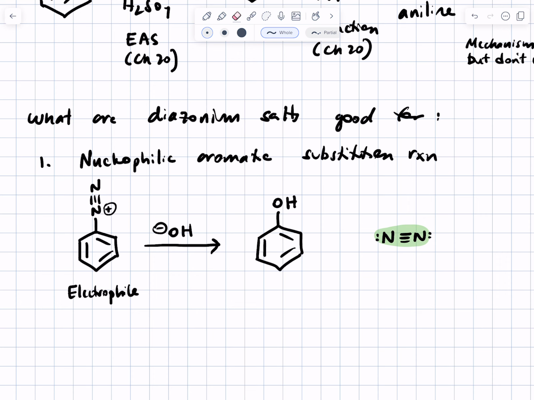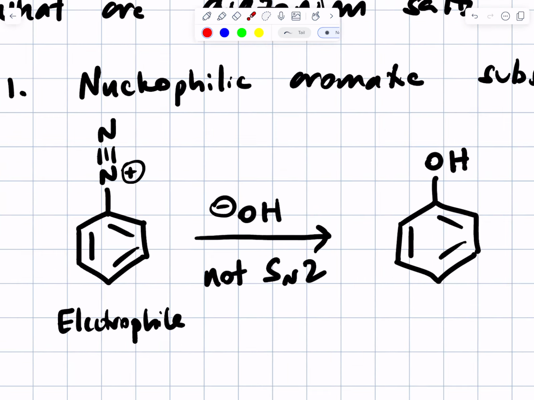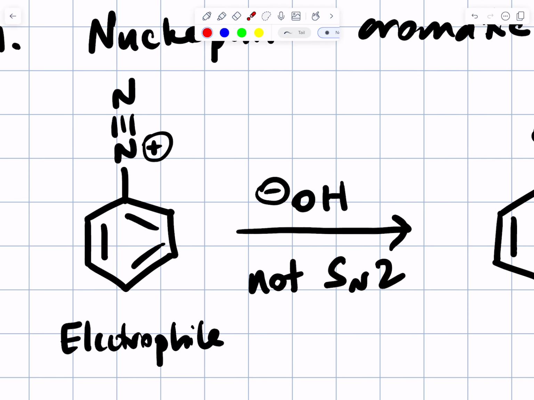It's certainly not SN2. You learned in 351 that we don't generally do SN2 chemistry at sp2 carbons. One of the reasons for that here is SN2 chemistry always occurs when the nucleophile dumps its electron density into the antibonding orbital of the leaving group, right?